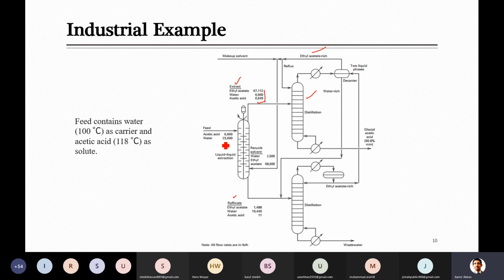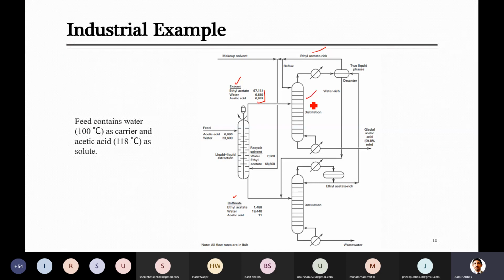If you were to use distillation initially, that would be too expensive. But here, when a large amount of water is already separated from the acetic acid inside the extraction column, the small amount still left over can be separated in the distillation column.